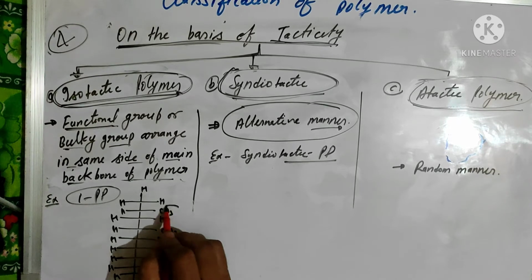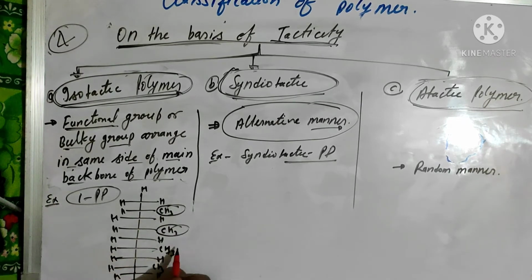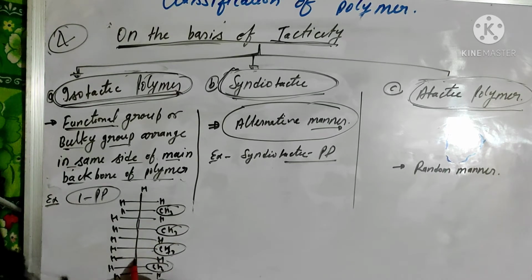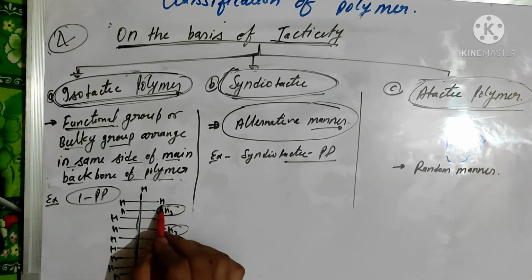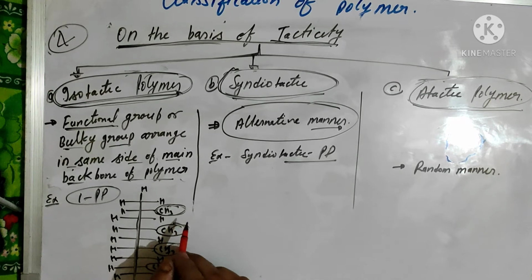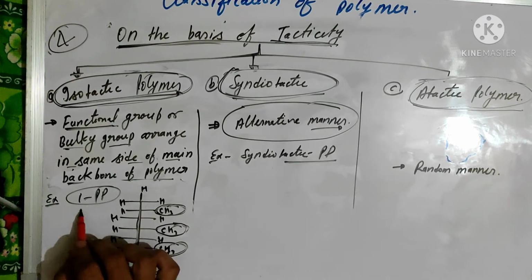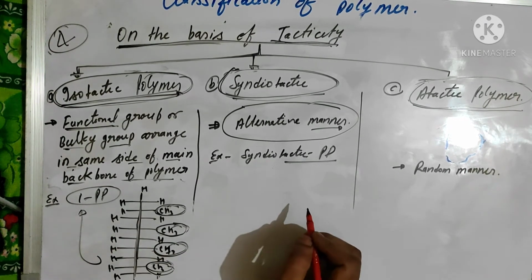You can see the bulky group CH3 on the same side of the main polymeric chain. This is the main backbone or main polymeric chain of the polymer, and this is the bulky group. So it comes under the isotactic polymer.